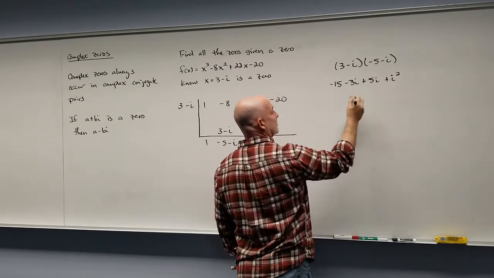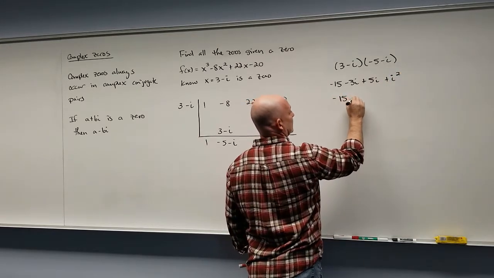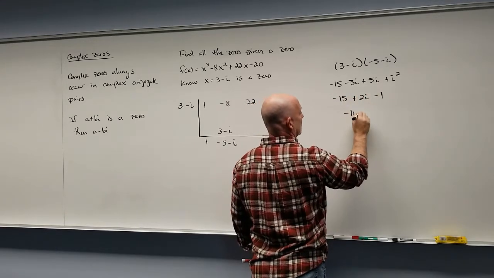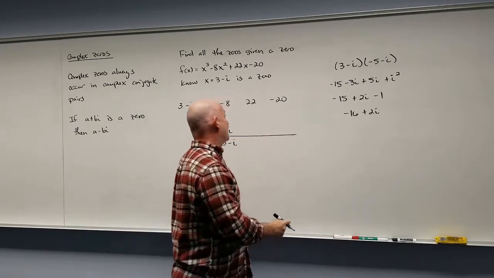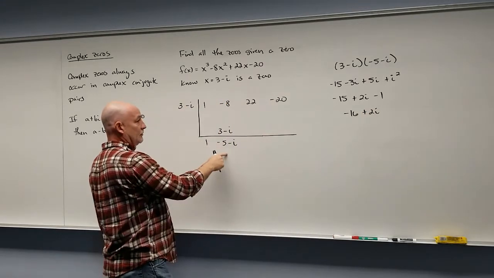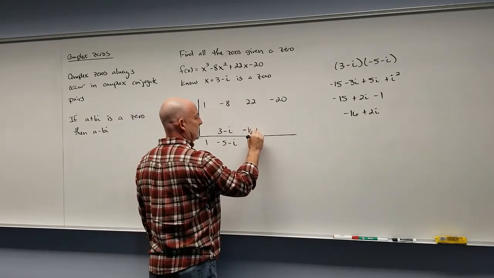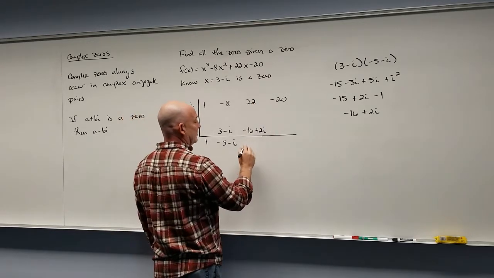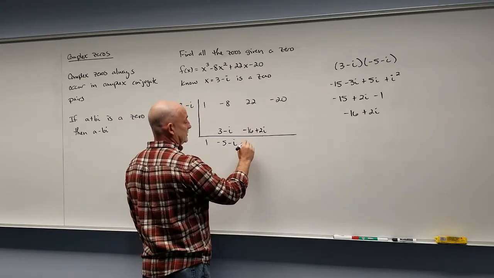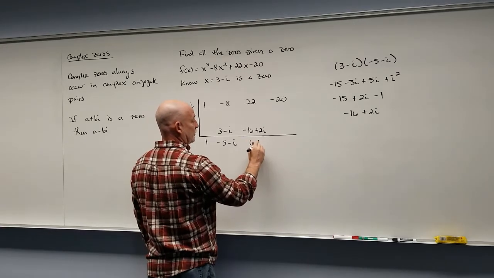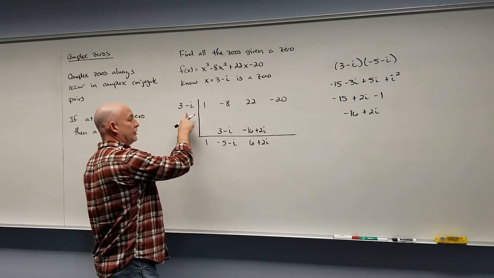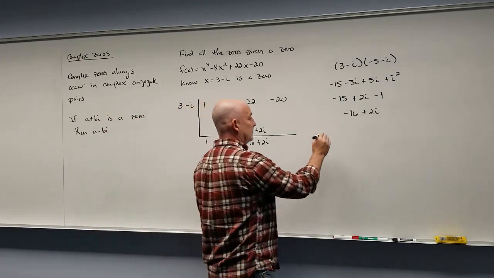Now remember, i squared is negative 1, so that's plus 2i minus 1, or negative 16 plus 2i. So when we do this times this, we get negative 16 plus 2i. Then we add down. So that's going to be 6 plus 2i.